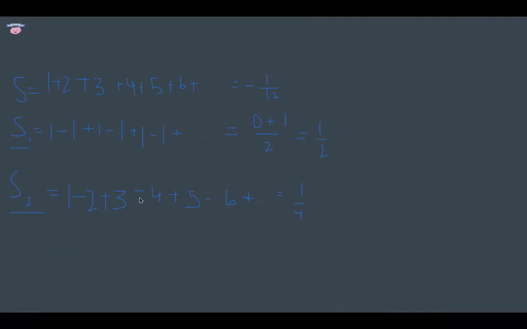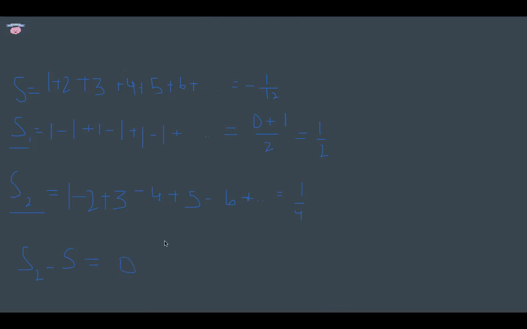Okay, we're gonna basically do the same thing that we did for the second one. We're gonna do S2 minus S. This time I'm gonna save myself some trouble and not write both series down. I'm just gonna do it manually. 1 minus 1 is 0.